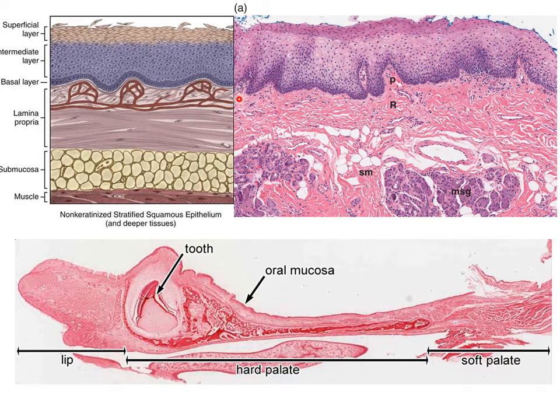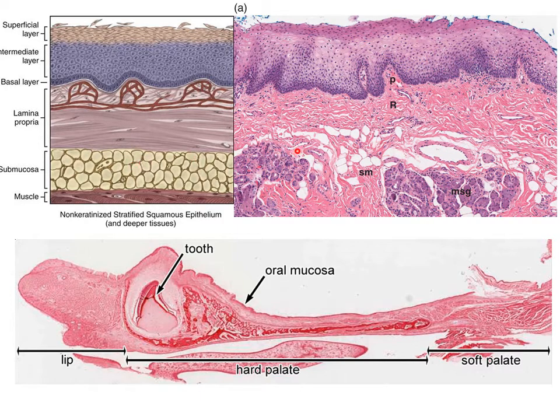Lamina propria gives invagination to the epithelium. P, that's papilla. We said that about it before. That is loose connective tissue with all the typical structures. Here you can see lymphoid tissue, blood vessels, and so on.